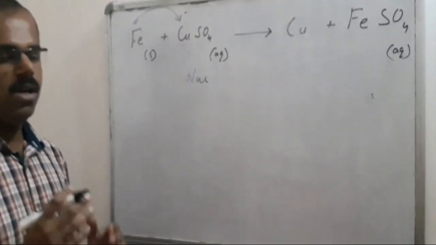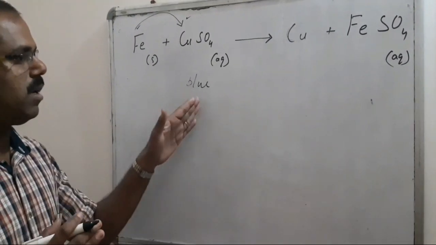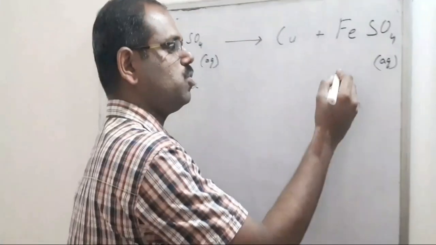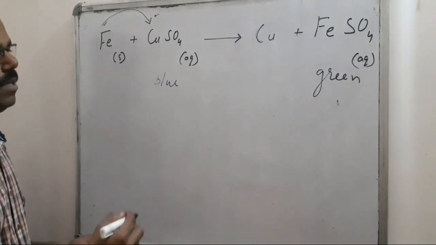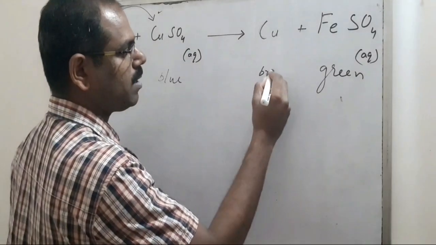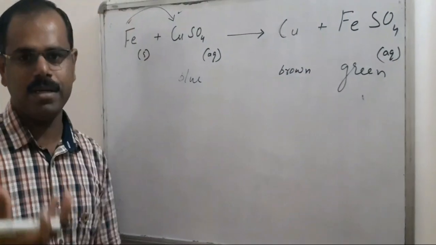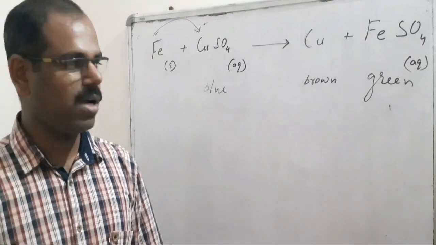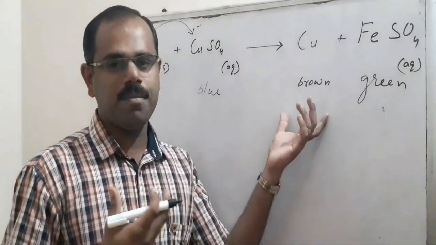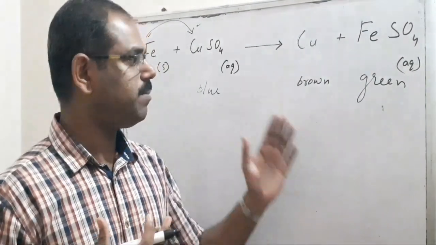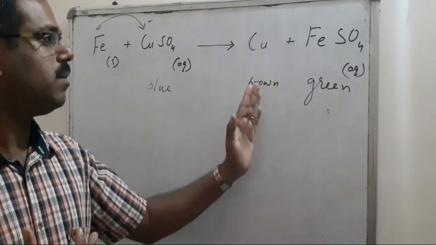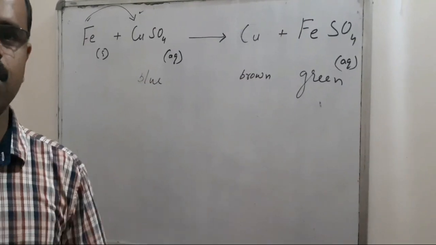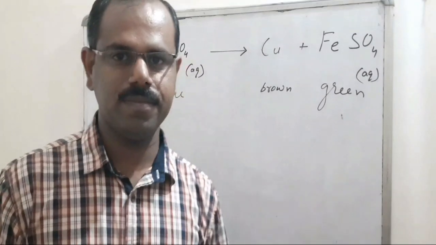But the first observation is that the blue color solution changes to green color. Okay, and you see there are brown colored copper particles appearing. Two observations are there. The blue color solution changes to green color and there are brown particles of copper that appear.